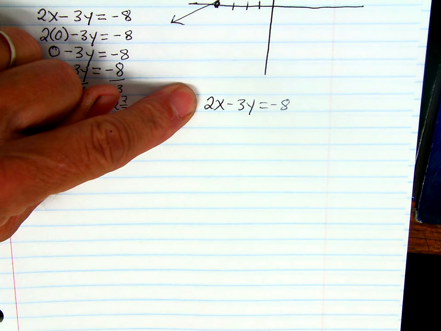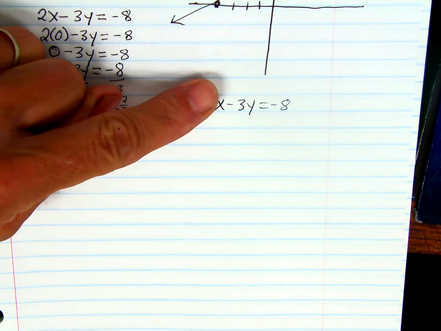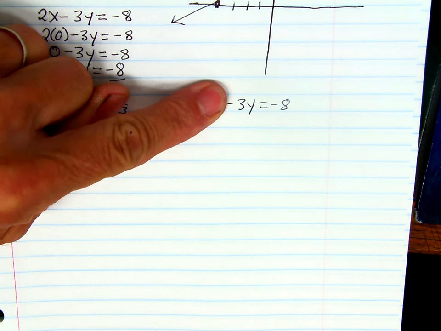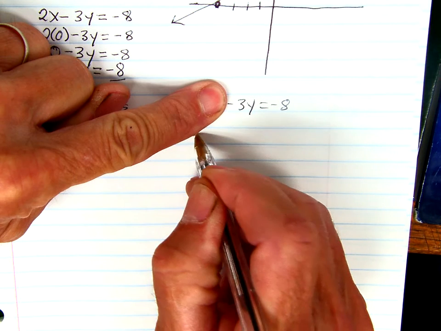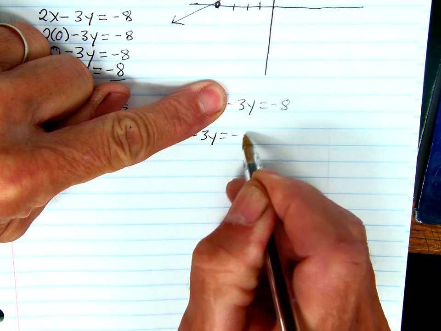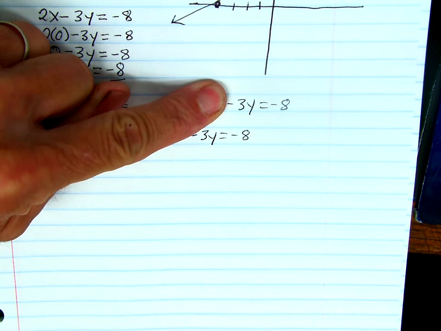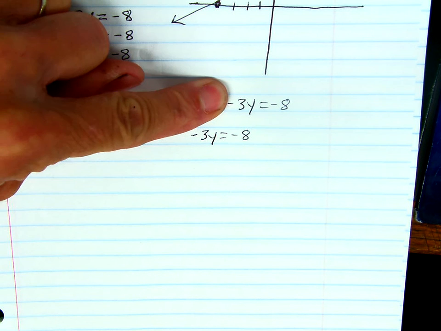It doesn't matter which one you do first because you're going to do both of them. Put your finger over one of the terms and write down what's left. Negative 3y equals negative 8. There's one equation.